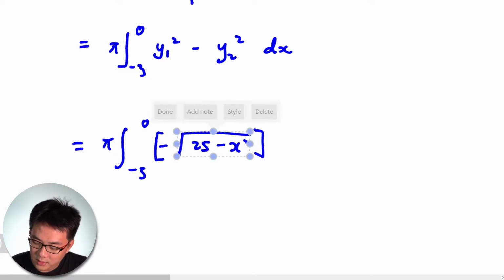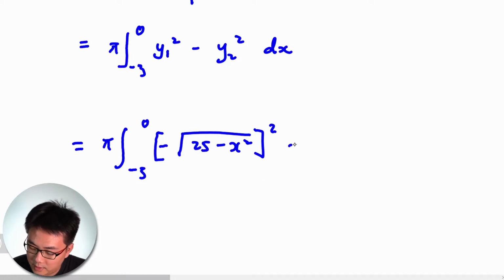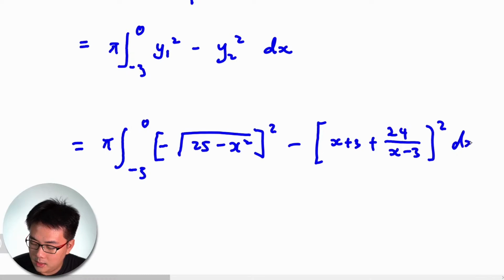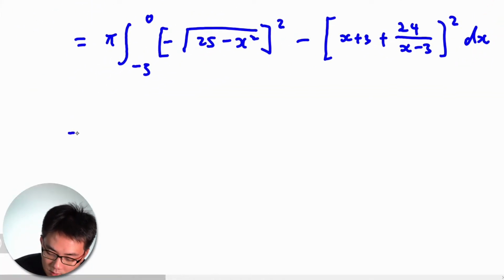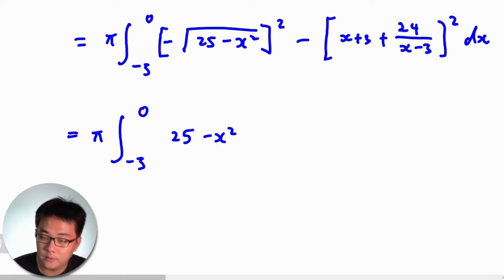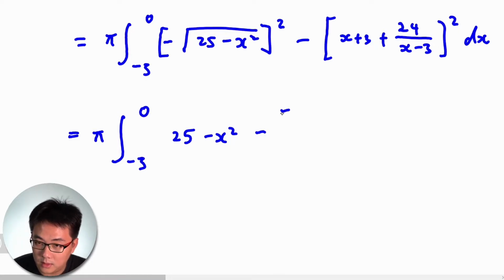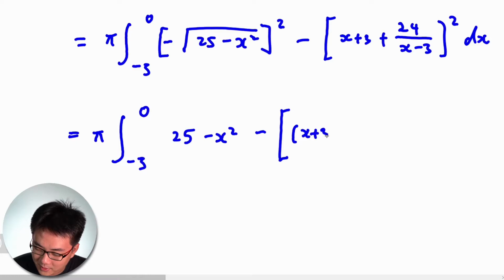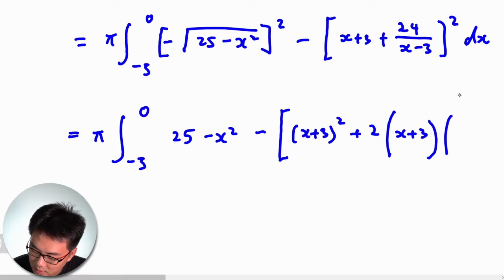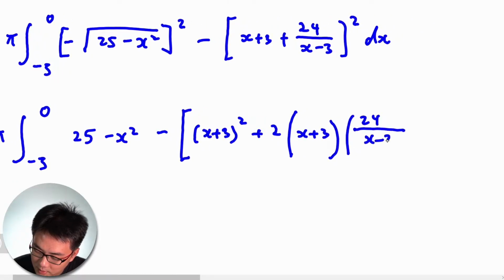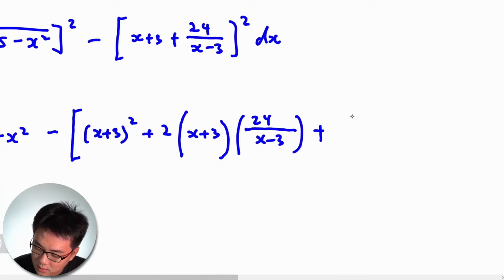So it would be the square of 25 minus x squared, minus the square of x plus 3 plus 24 over x minus 3, dx. What you're going to do is just expand it. So this is 25 minus x squared, and this would be x plus 3 squared plus 2 times x plus 3 times 24 over x minus 3 plus 24 squared over x minus 3 squared, as such.